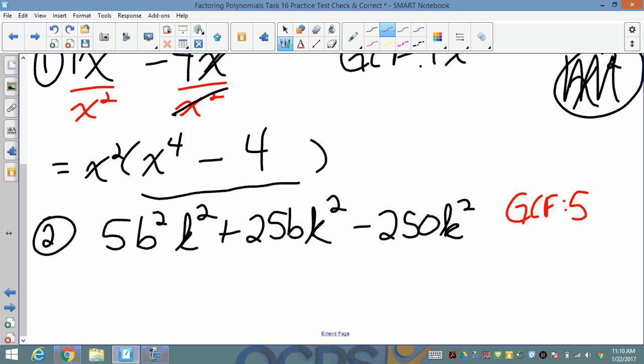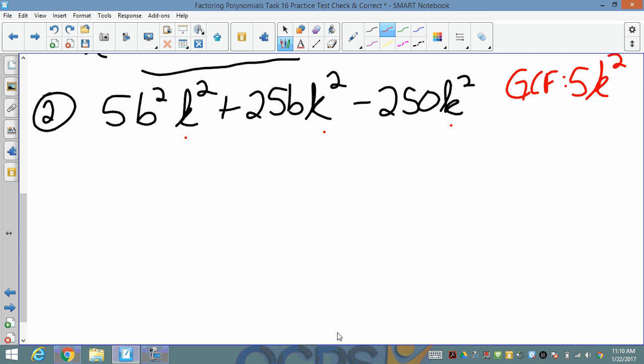And I know it can't be bigger than 5 because your GCF can never be bigger than your smallest number. Then I look at the b squared, b, the third term has no b, so b is not part of my greatest common factor. Looking at the k, I have k squared, k squared, k squared, so k squared is common.